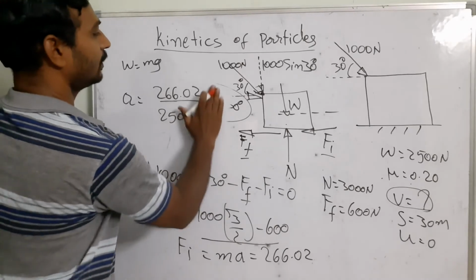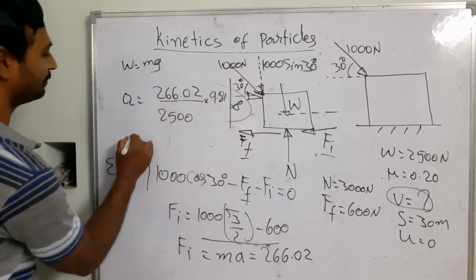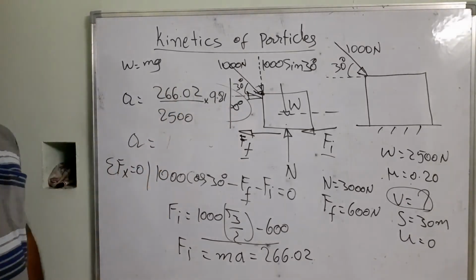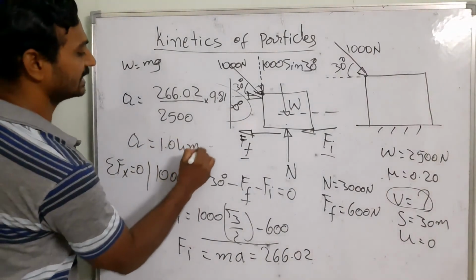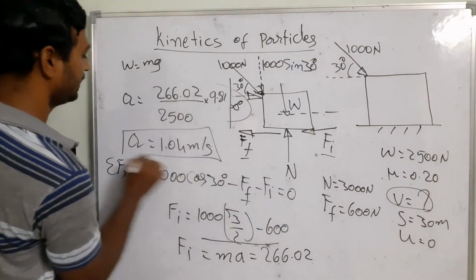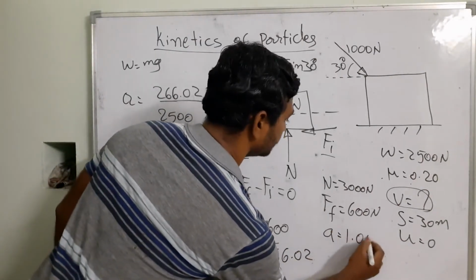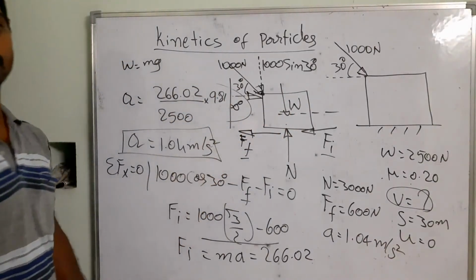And g is equal to 9.81. After the simplification, what is the value of the acceleration of this block? That is equal to 1.04 meters per second square. Can you see? This is the acceleration of this object.